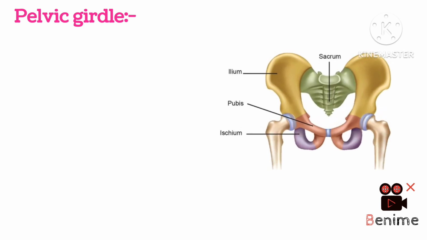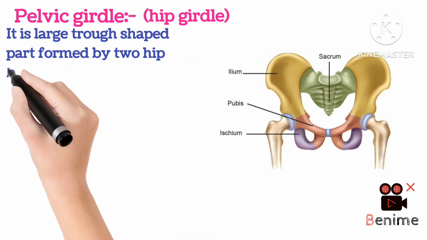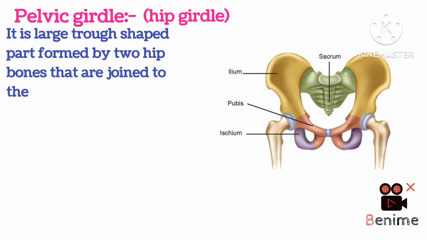Pelvic girdle, also known as hip girdle. It is a large trough-shaped part formed by 2 hip bones that are joined at the sacrum.